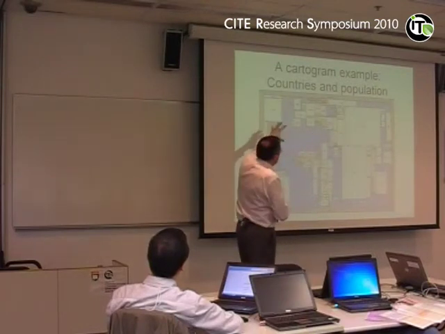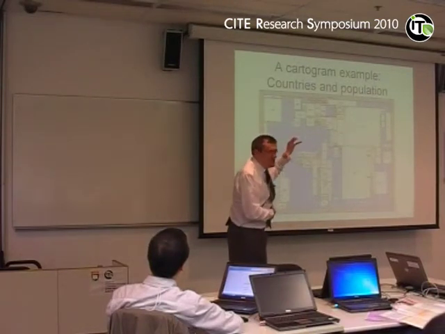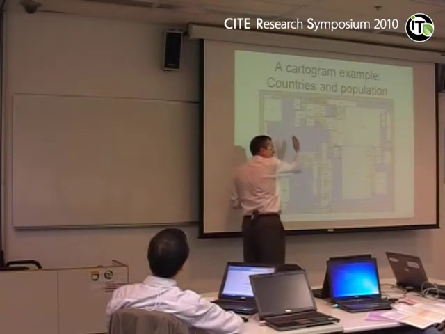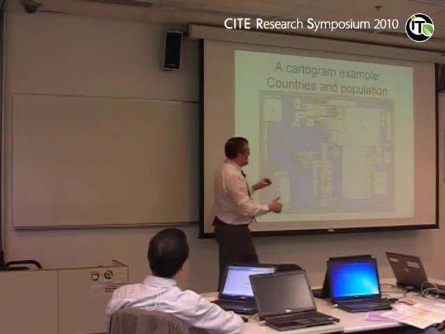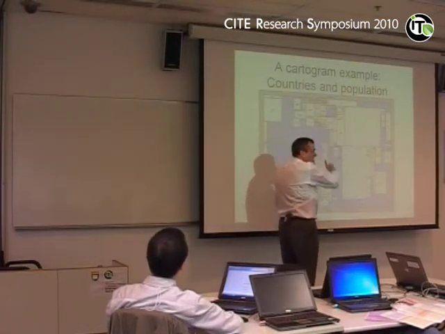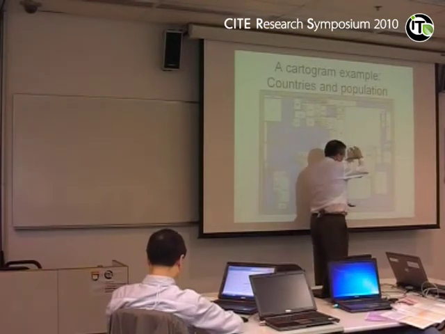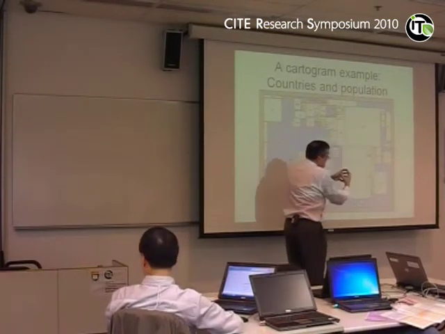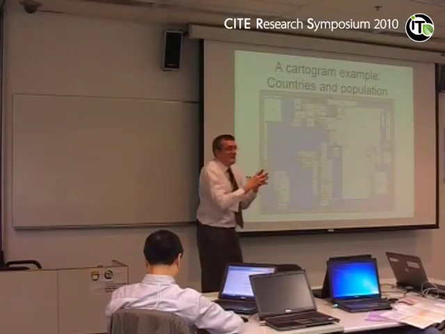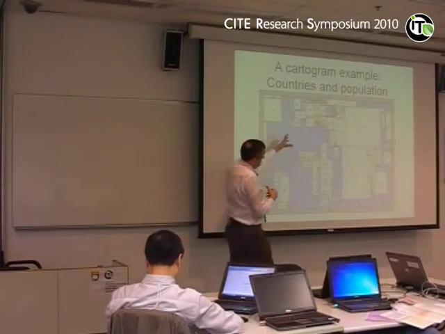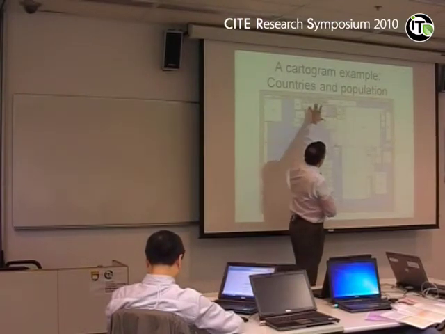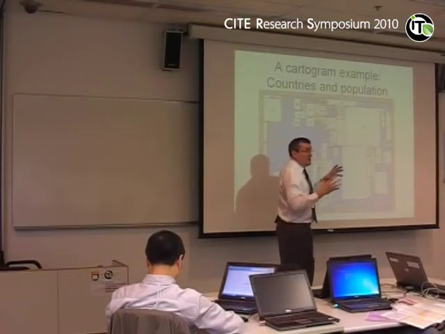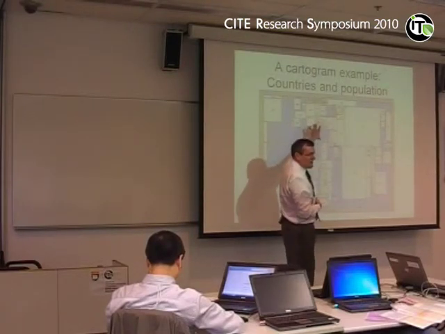This is a cartogram of countries and population. In a map, you have 2 dimensions, 2 axes, and in these cartograms, the size of the country represents the population compared with the other countries.